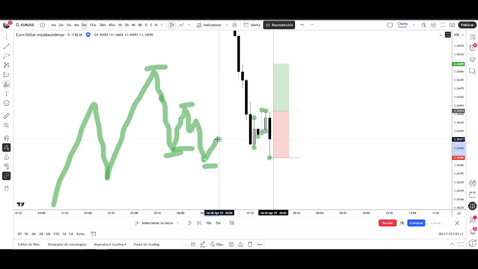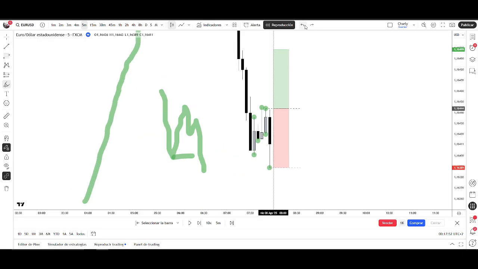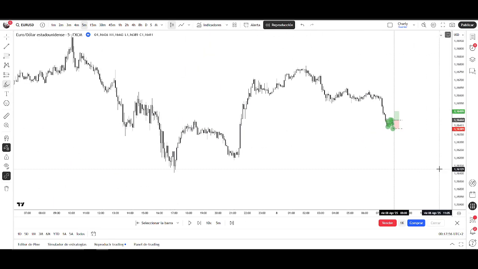If now we have a pullback, although this internal structure met this low, now still with the generic structure, we have the possibility to still get a bearish rule of the third impulse. So we can scale outside, but it's not the case right here. If we zoom out, obviously on the general structure, we have way more than 3 impulses.